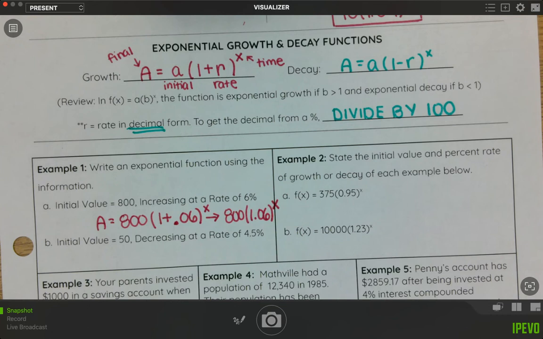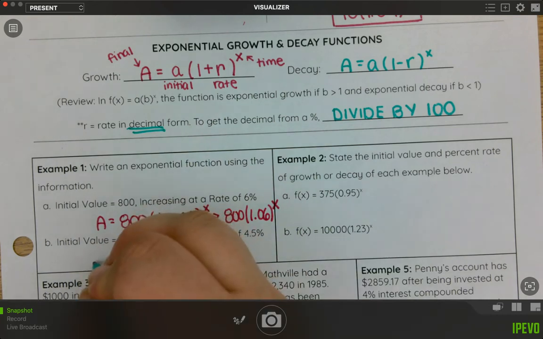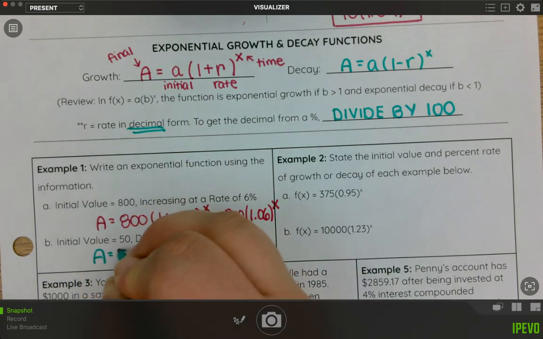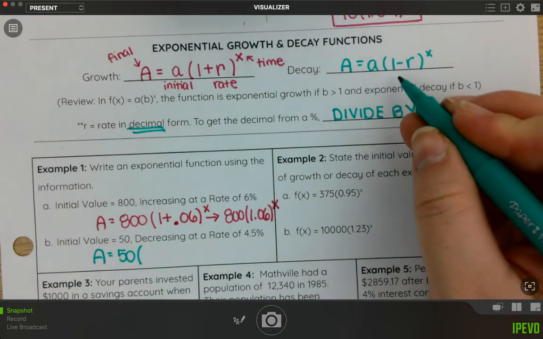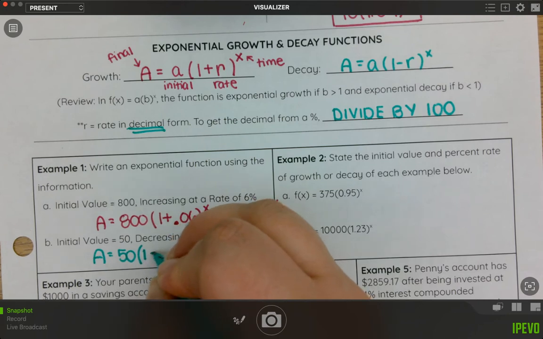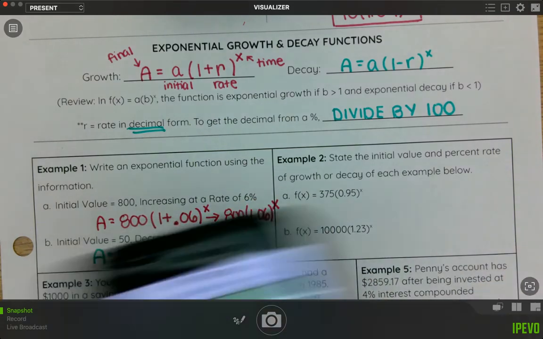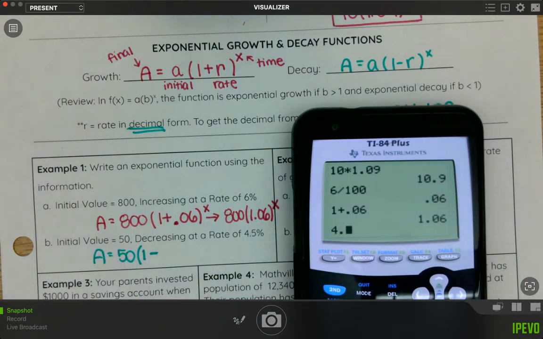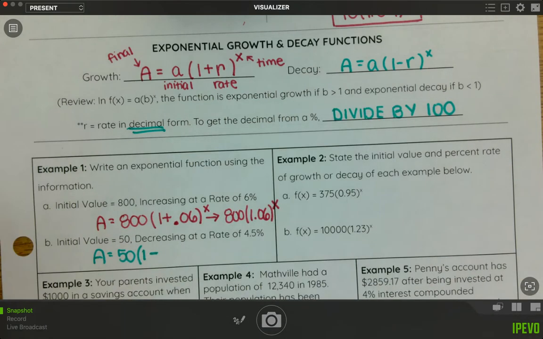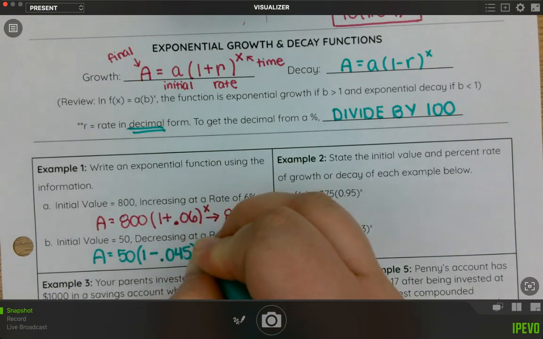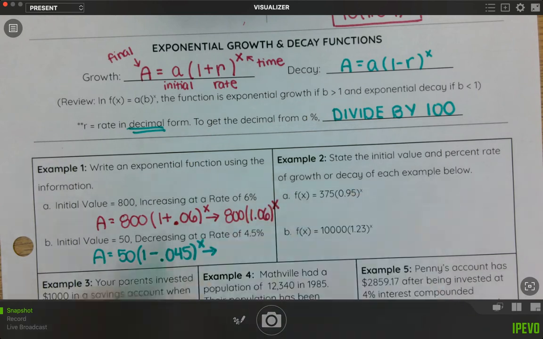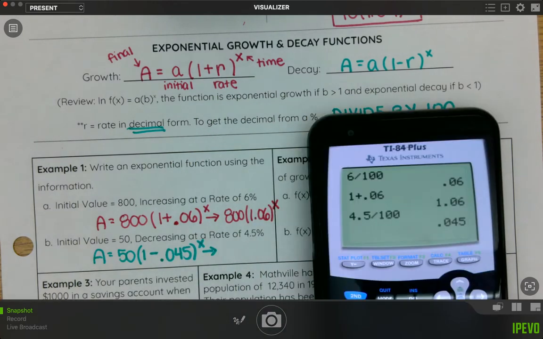Now let's talk about decay. You're still going to start with the initial value in front, but instead of adding, you have to subtract. 1 minus 4.5%. 4.5 divided by 100 is 0.045. And then I'm going to go ahead and simplify that too. 1 minus 0.045.